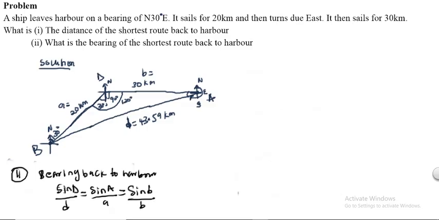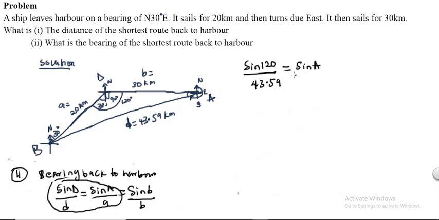Now we know angle D, side d and side a, but we don't know angle A. So we can pick these two parts and use them for our sine rule. Now from here we have sine D, the angle D is 120 degrees, over the distance d, which is 43.59. This is equal to sine A, which is what we are looking for, over the opposite side, which is 20.